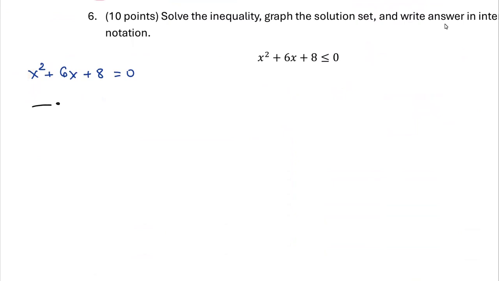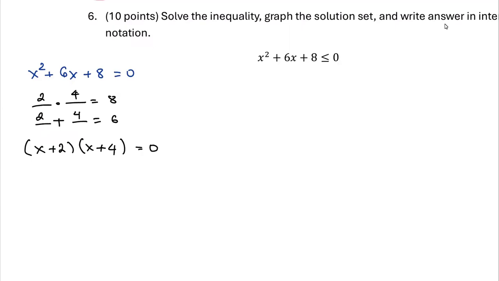So think about 2 numbers that multiply together to equal 8 and add together to equal 6. What are they? Is it a 2 and a 4? Yeah, 2 and a 4. So we can put that into factors. x plus 2 times x plus 4. Okay.